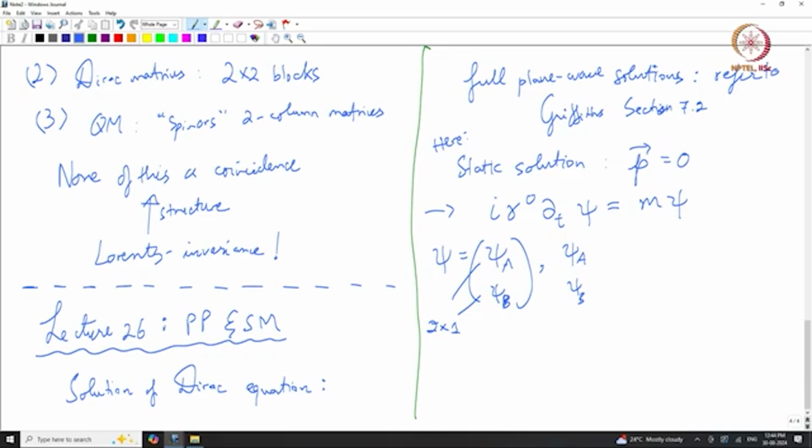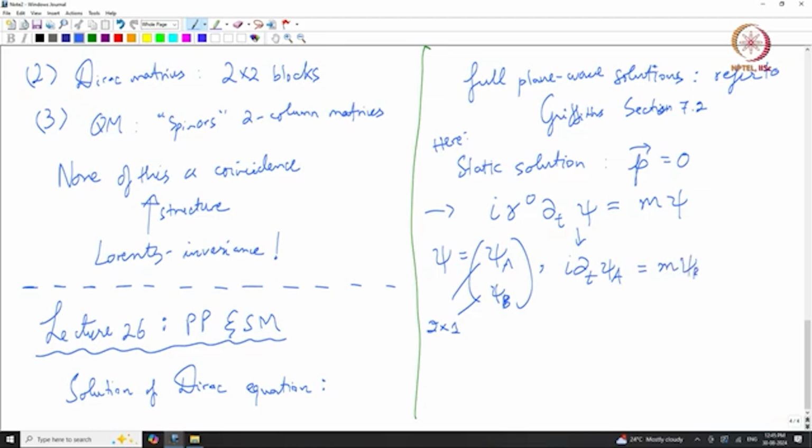So let me put it this way. Actually, let me still keep writing equations as opposed to the solution right away. Once I recognize that I can write psi like this, it makes life a bit simpler. That would just mean now that the equation becomes i partial t psi A equals m, what is this now, psi A or psi B?